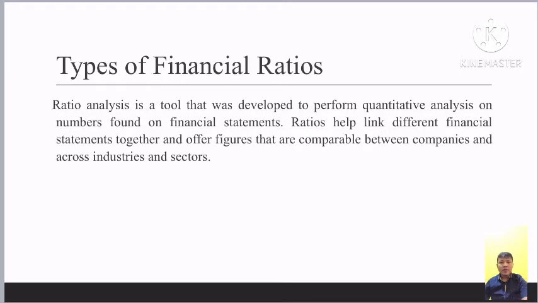And the types of financial ratio: ratio analysis is a tool that was developed to perform quantitative analysis on numbers found in financial statements. Ratios help link different financial statements together and offer figures that are comparable between companies and across industries and sectors.